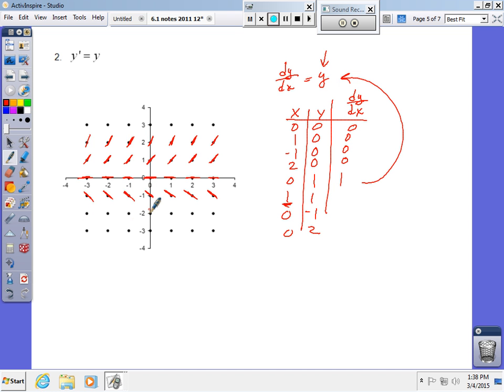All right, (0, -2), a little bit steeper. And then -3 and positive 3 would be even steeper than that, so go like this, and these would be negative and steeper. I should probably be using a straight edge to make it perfect, but that's what your slope field would look like.